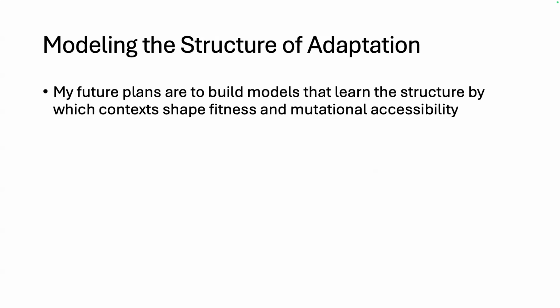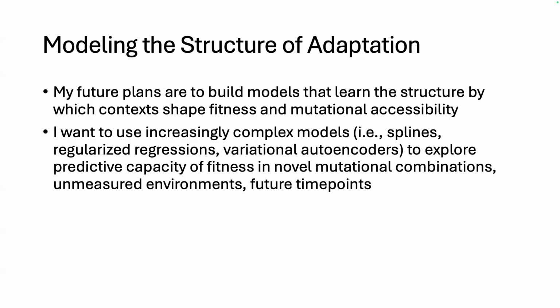So I want to use essentially fitness and mutational accessibility as our response variables and try to understand how contexts modulate these responses. I want to use increasingly complex models. So I've done some work with splines, regularized regressions. I know your group is big into variational autoencoders. I'm really interested in that too.